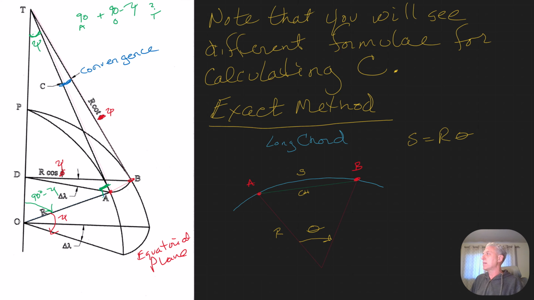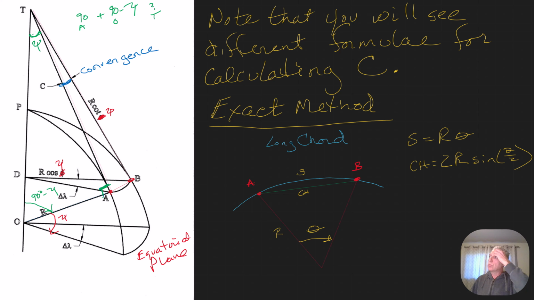We've looked at that many, many times, making sure we're using theta in radians. Well, the chord, if we remember from plane surveying, is equal to 2R sine theta. So that's the general form. Oh, sorry, it's theta over 2. That would have been a big mistake. So 2R sine theta over 2.